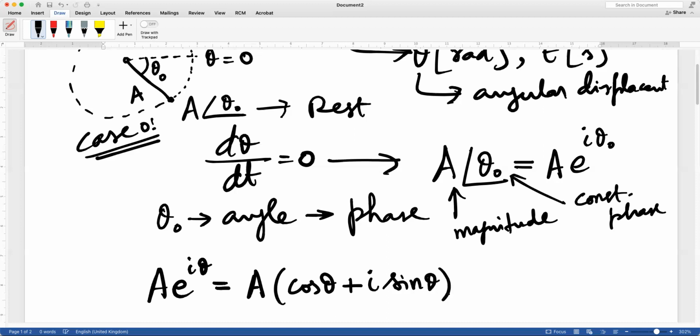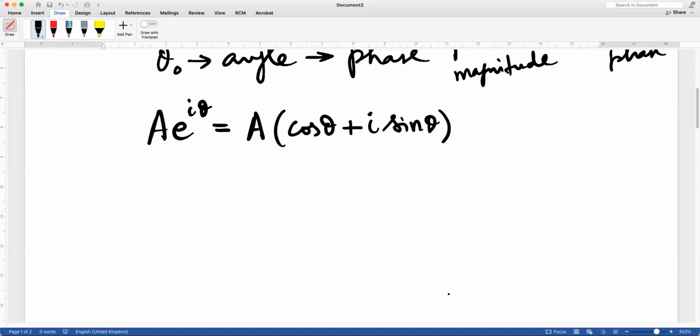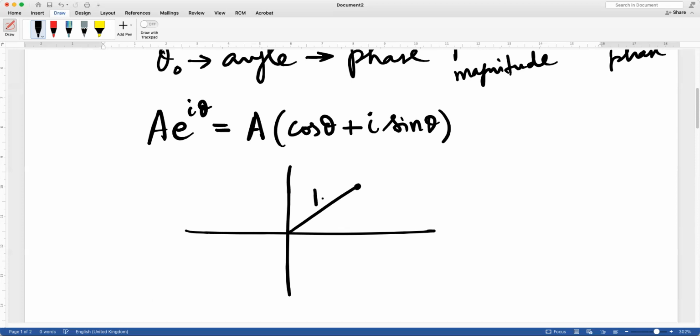Okay, need to recall that. Basic, very simple. Let's say you take a quadrant and you have a length, and this is the theta. That is the cos, A cos theta. Do you get that? This quantity Y will be A sin theta.